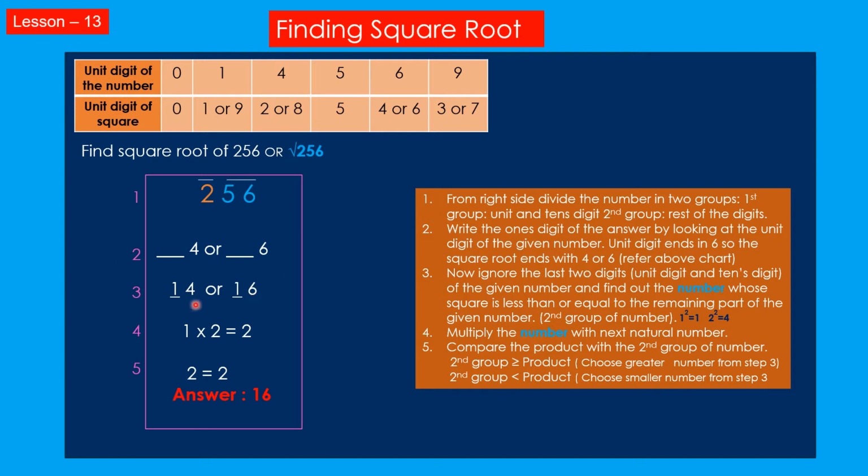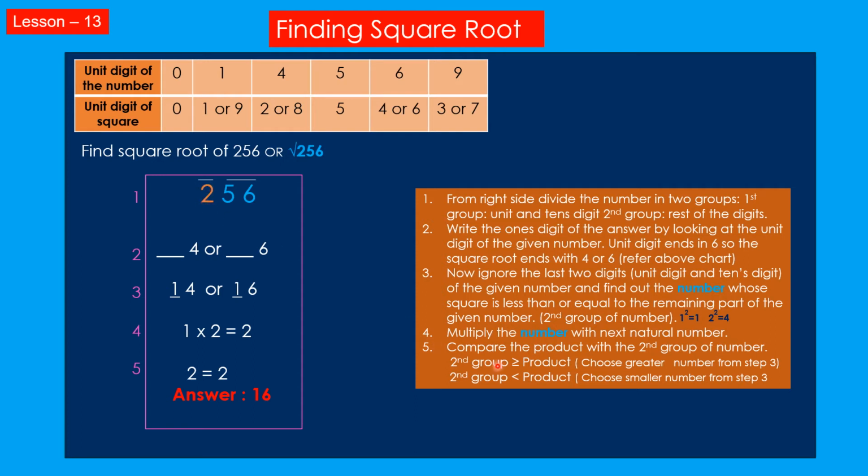Now how are we going to decide which one we pick out of 14 or 16 as our answer? What we do in step 4 is we multiply the number with the next natural number. So the number at the tens place is 1. We multiply 1 with the next natural number, that is 2. We get 2. And when we get 2, we compare this product with the second group of number, that is 2 here.